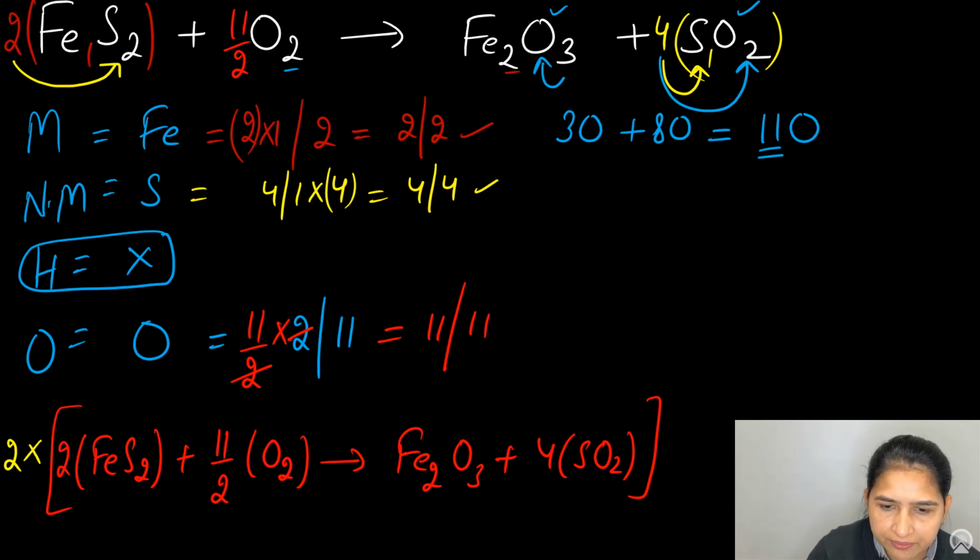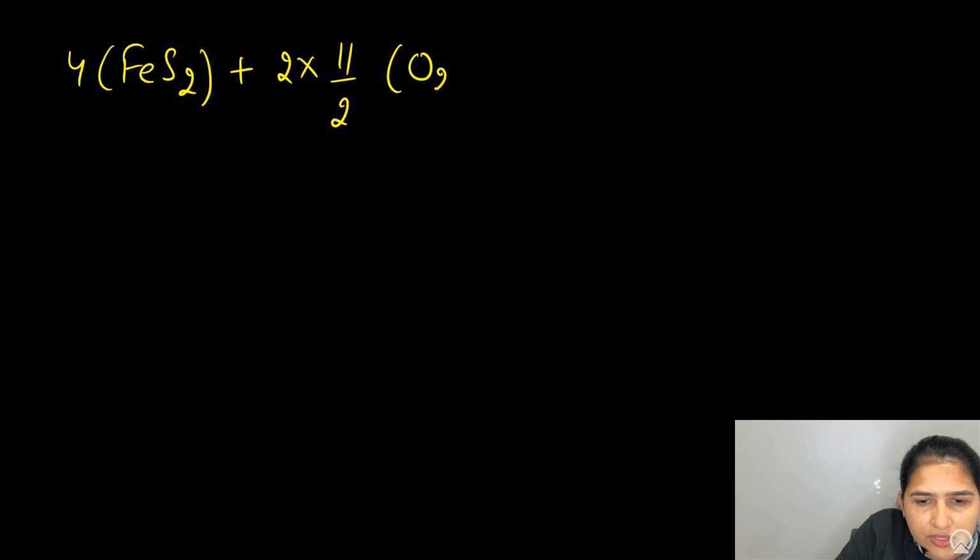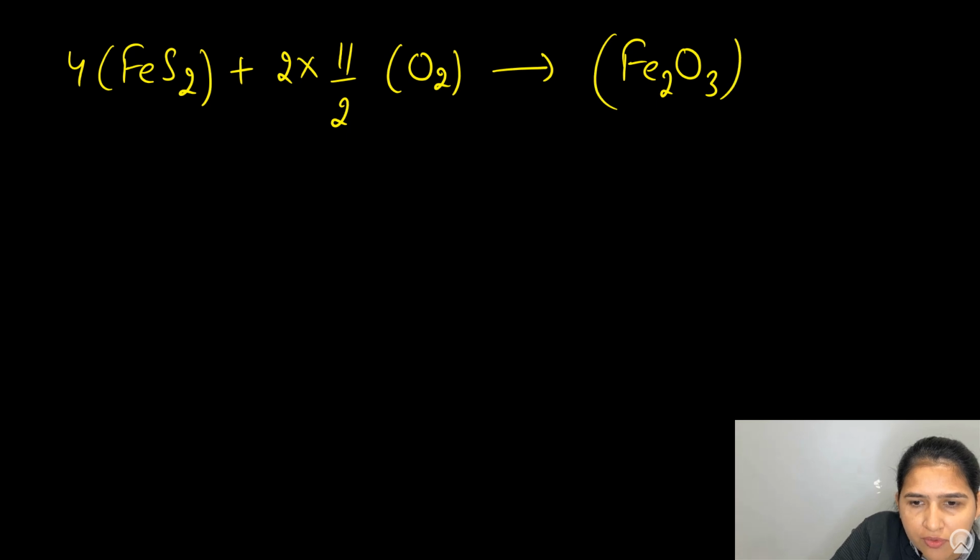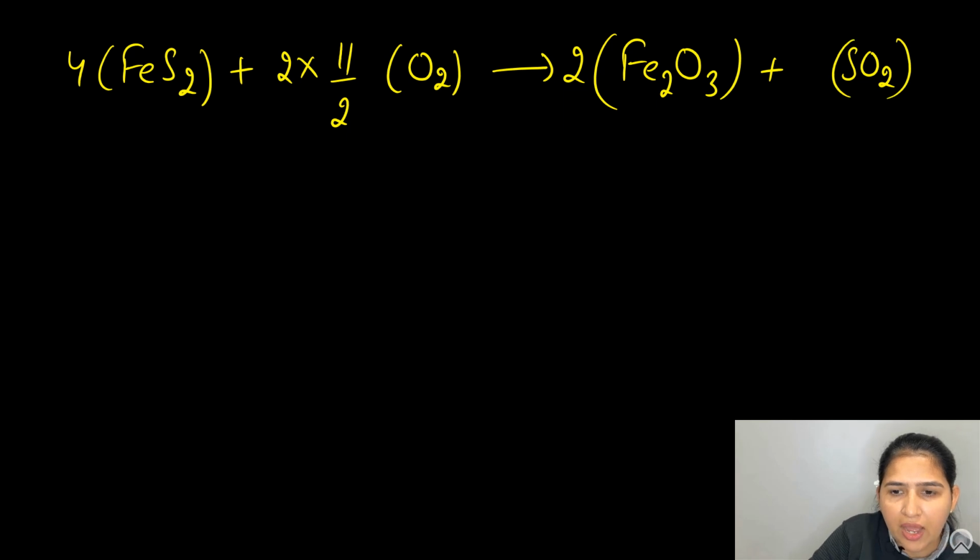I am going to get 4 of iron sulfide, 2 times 11 by 2 of oxygen, and then here I am going to have 2 of iron oxide, and then here I am going to have 4 of, okay, sorry, it's going to be 8 of sulfur dioxide.